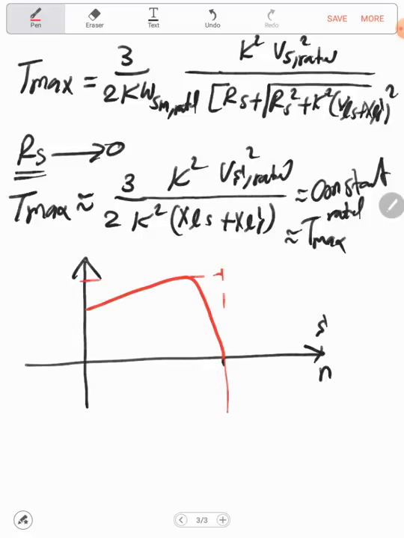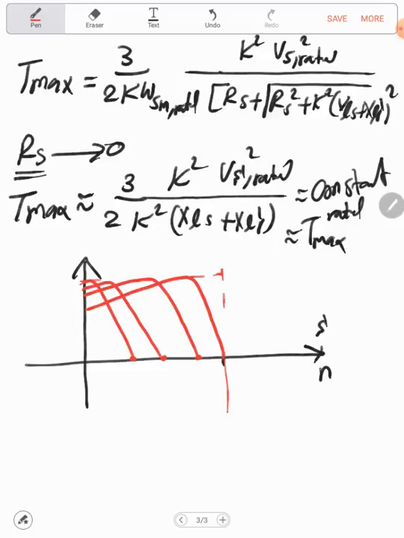Now for a certain frequency, let's say less than the rated Fs, the synchronous speed will be less than the rated, and simply we have the following torque speed characteristic.